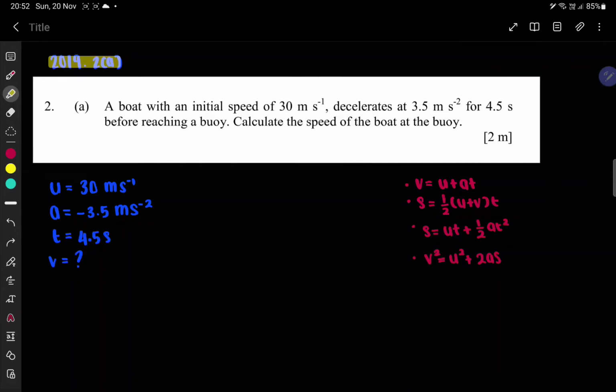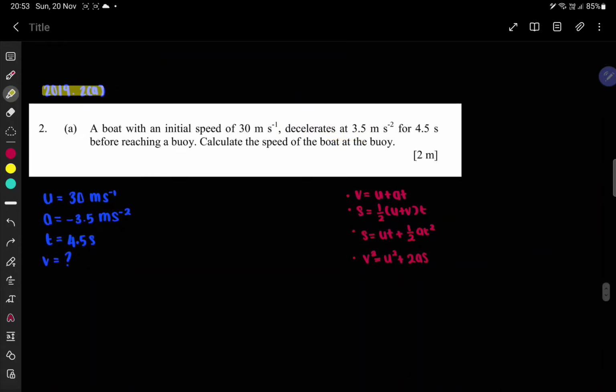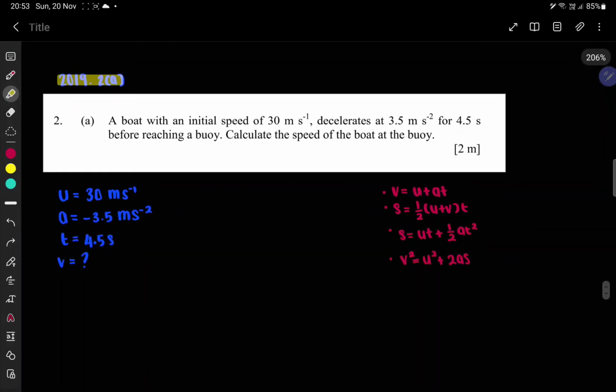Why negative? Because in the question it states that the boat decelerates at 3.5 meter per second square. And they also give us the time, which is 4.5 seconds, and they want us to find the speed of the boat at the buoy.